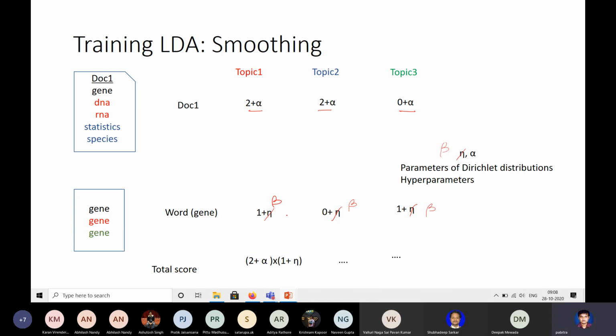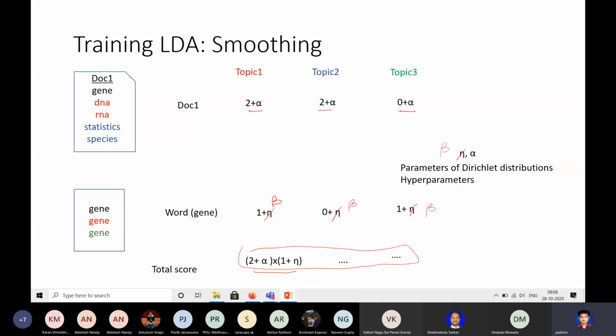You take 1 plus beta, 0 plus beta, 1 plus beta, and then multiply. And then generate a color proportional to these probabilities, proportional to these probability vectors. Okay, so what this alpha and beta do is that they do a smoothing. Okay, so your entire process algorithmically will be like this.